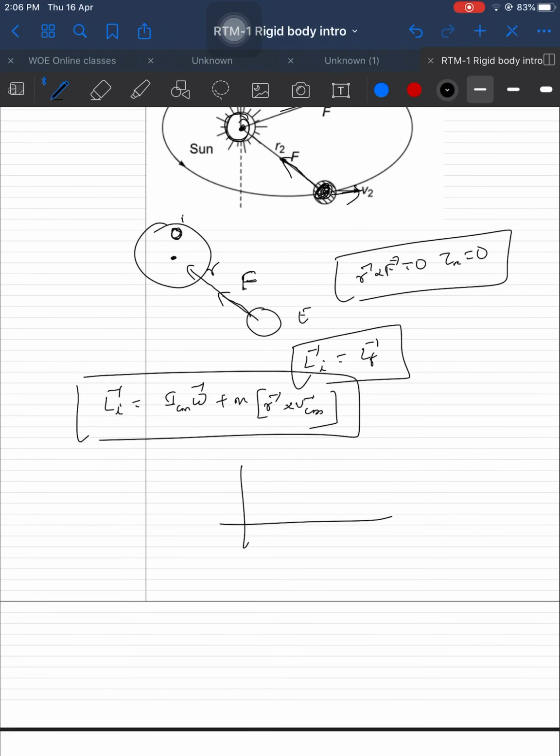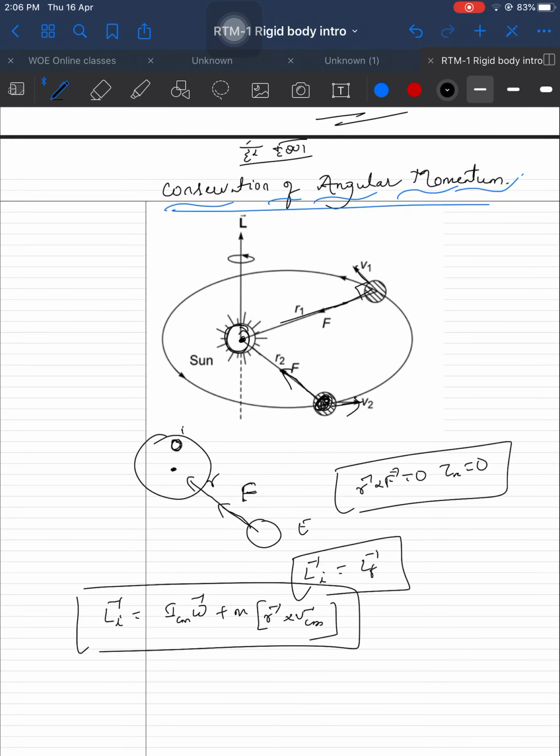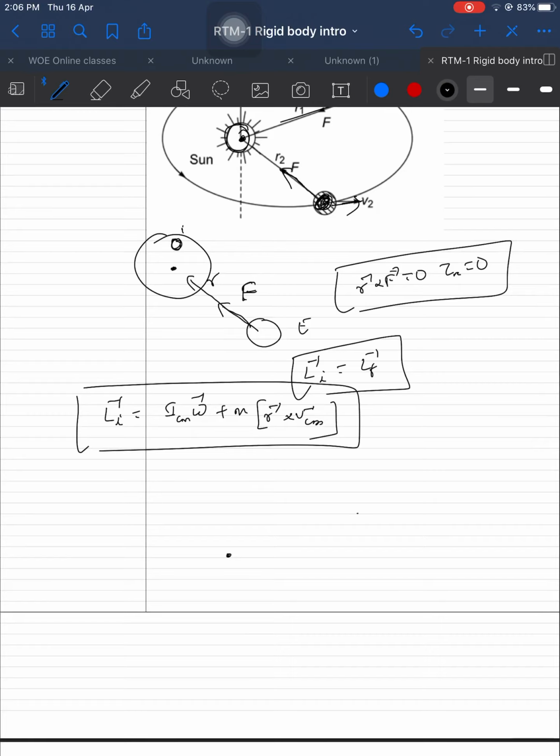In two-dimensional cases, if velocity is in this direction and position is in this direction, the angular momentum will be mvr, and the cross product need not be done. For this case, the mass of the earth is me. Can you tell me the direction of angular momentum? The position vector is in this direction, this is r1, and velocity is in the other direction, v1. So r bar cross v bar is upwards.